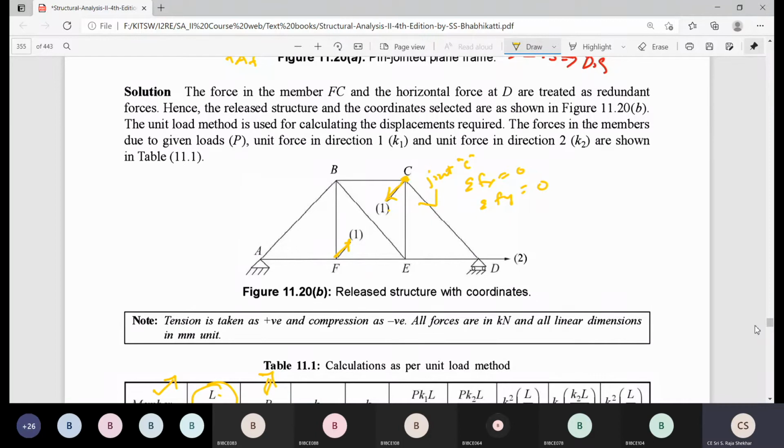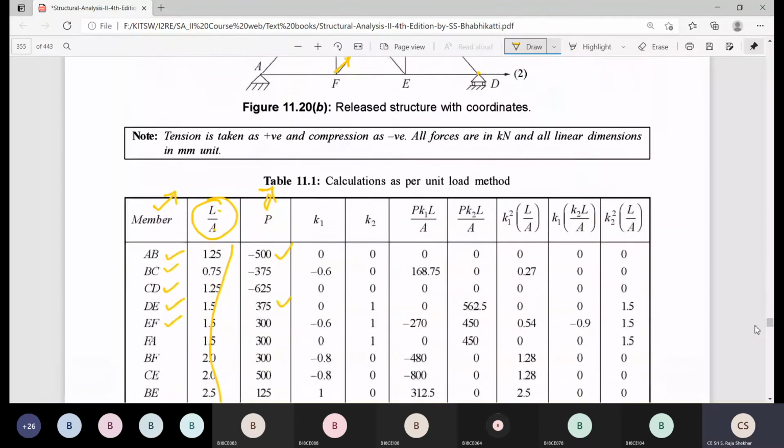Okay, like that, if you consider all the joints and calculate the forces developed in all these members by applying sigma Fx is equal to 0, sigma Fy is equal to 0 for all the joints, you are going to get all the forces.